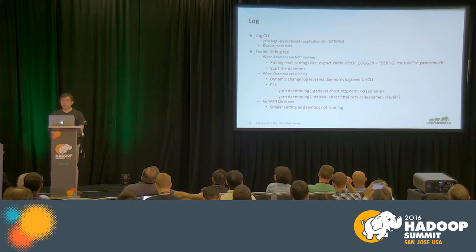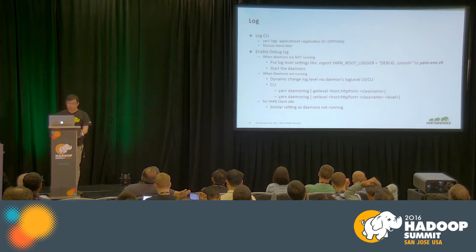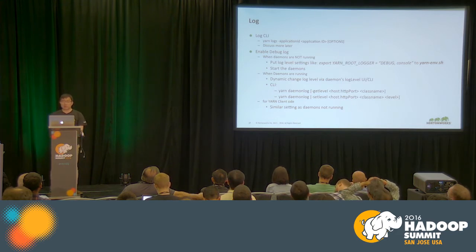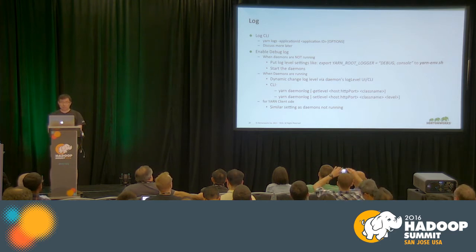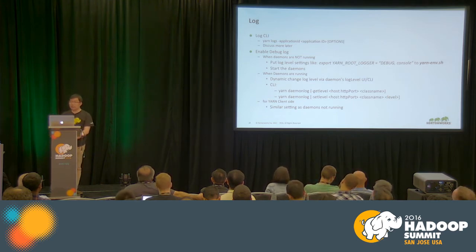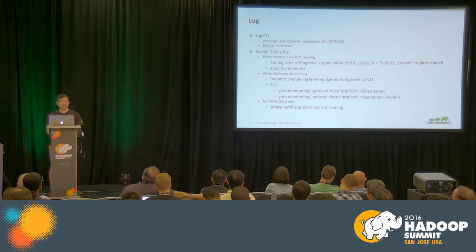We need to enable the debug log level, and there are several ways to do that. If the daemons are not running, we can simply put the debug level config in yarn-env. But if the daemons are running, we have two ways, a bit of a hack, because most users are not aware of these two tools.